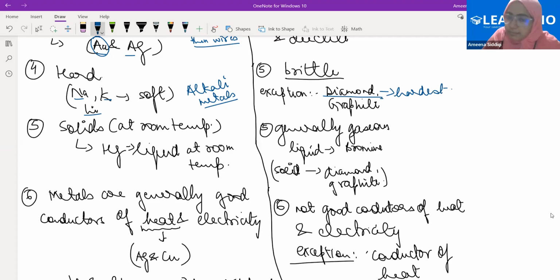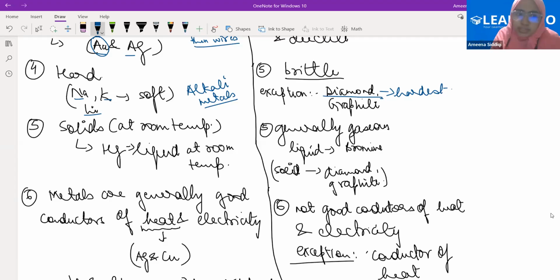It does come under the hard section, but it is a non-metal, so it is an exception to that. Diamond and graphite are both made up of carbon atoms. Carbon is a non-metal, therefore diamond and graphite are non-metals.